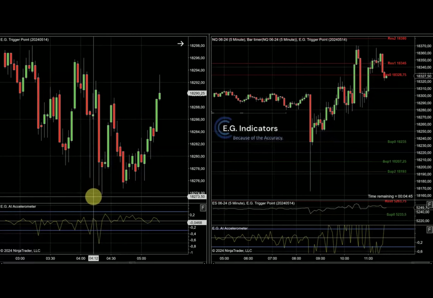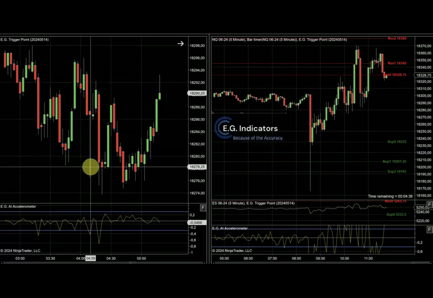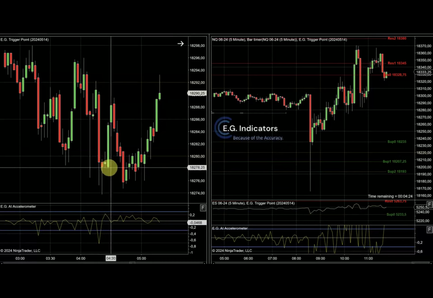Going to the previous candle, it's like 6 points. So taking a risk, even 6 points here, you can make the long entry after this triggering candle has been completed, not before.